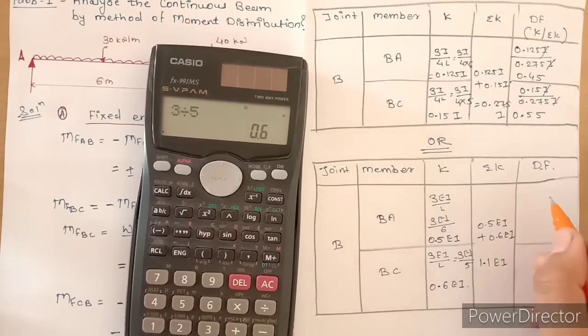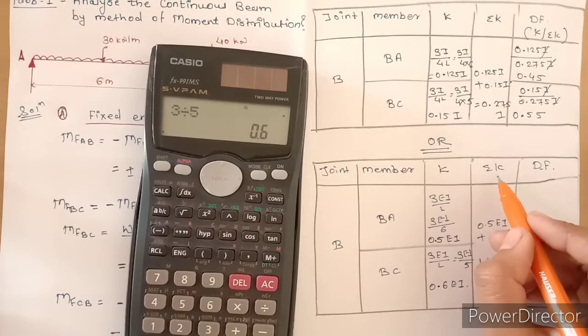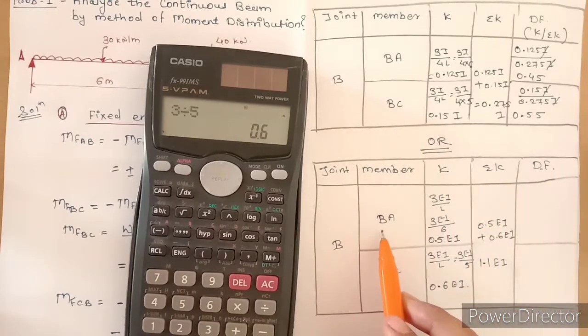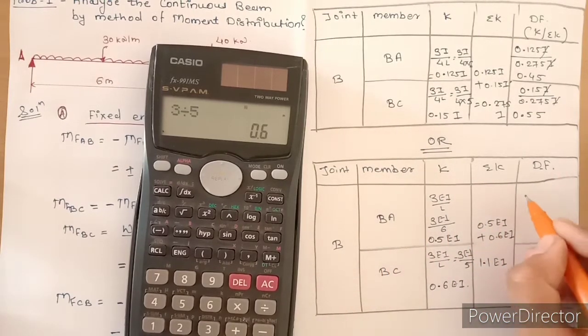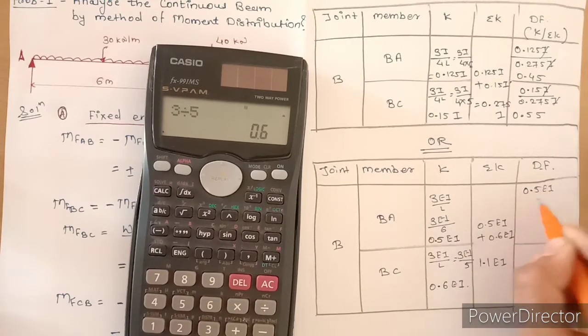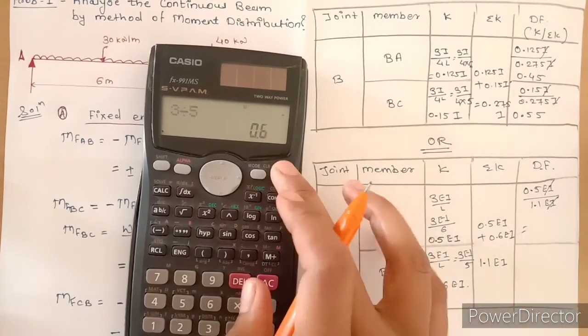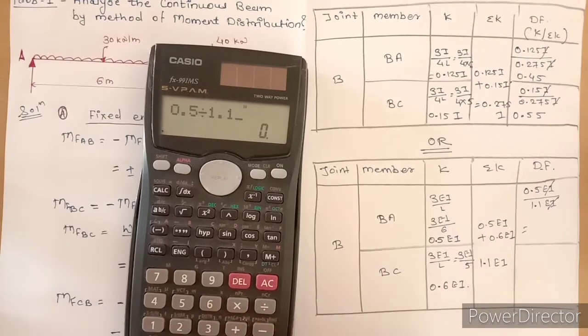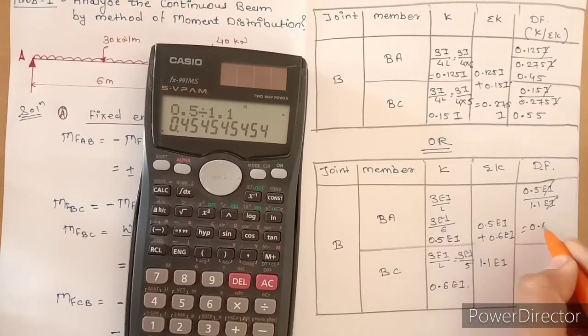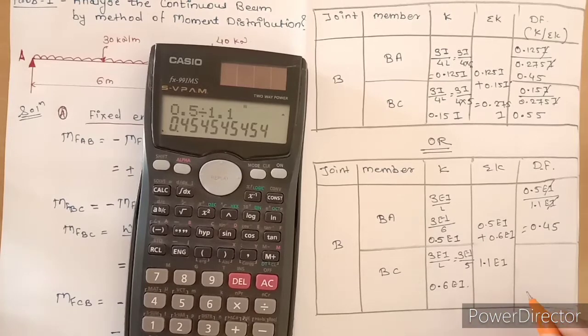Next, the distribution factor. The formula is K divided by summation of K. So the distribution factor for member BA is K, 0.5 EI, divided by summation of K, 1.1 EI. Here EI gets cancelled, then 0.5 divided by 1.1 is 0.45. And for the BC member the distribution factor is 0.6 EI divided by 1.1 EI.